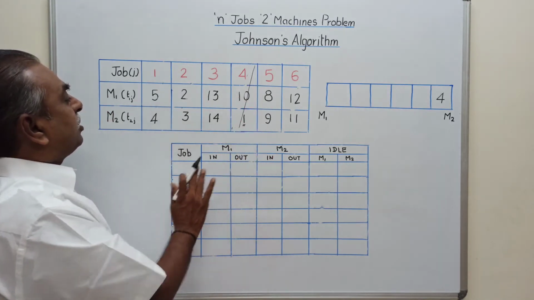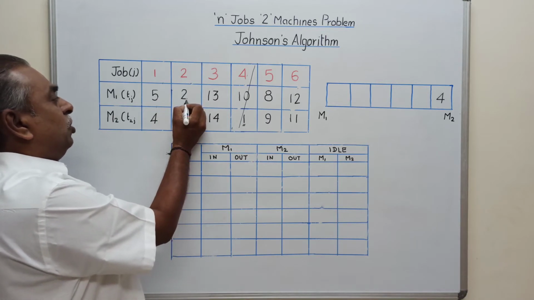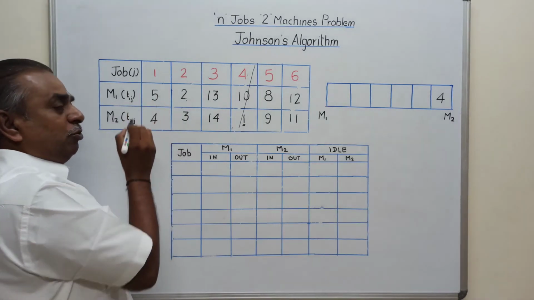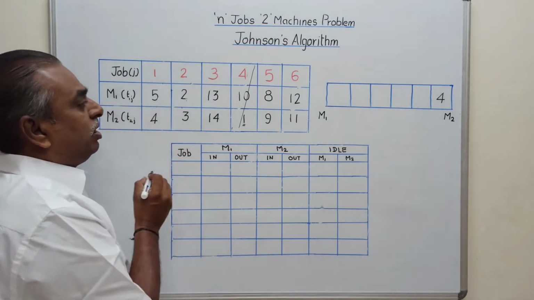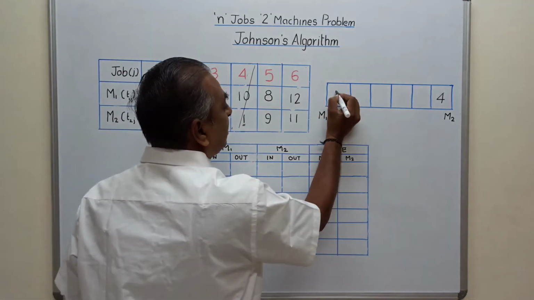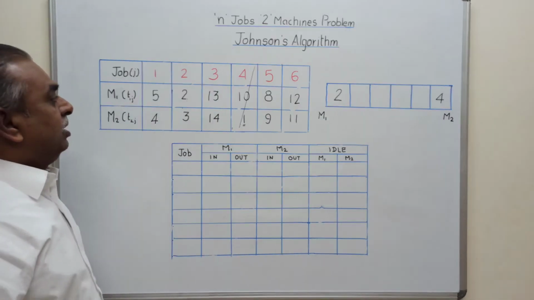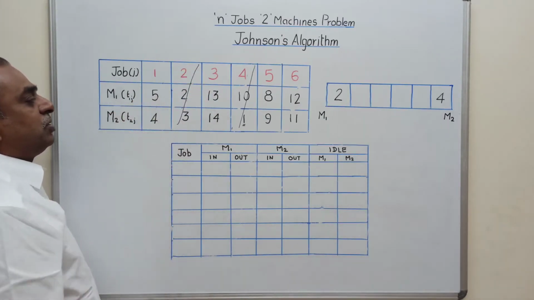Among the remaining processing times, we identify the minimum as 2, which is associated with the second job, and it corresponds to M1. Since it corresponds to M1, we decide the second job has to be processed first. Then we strike it off.